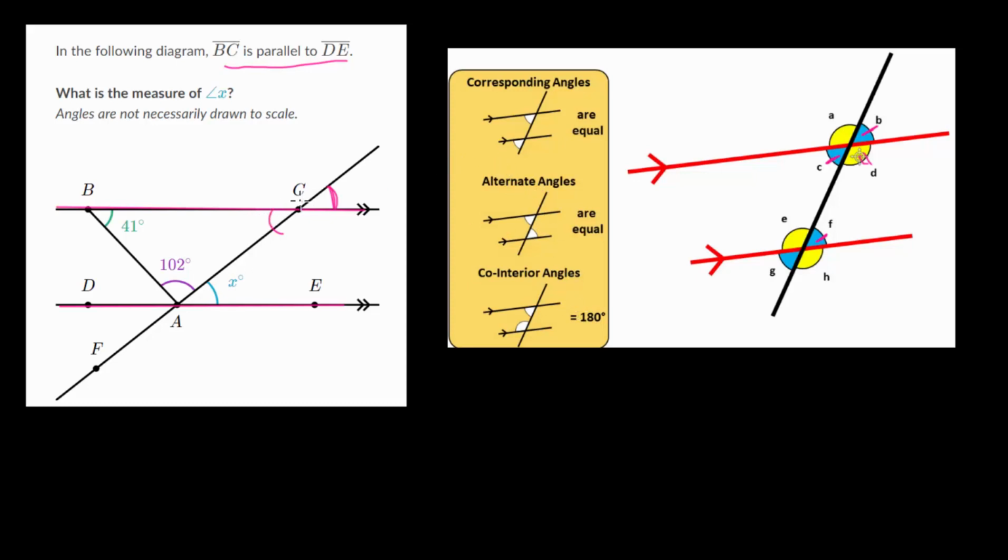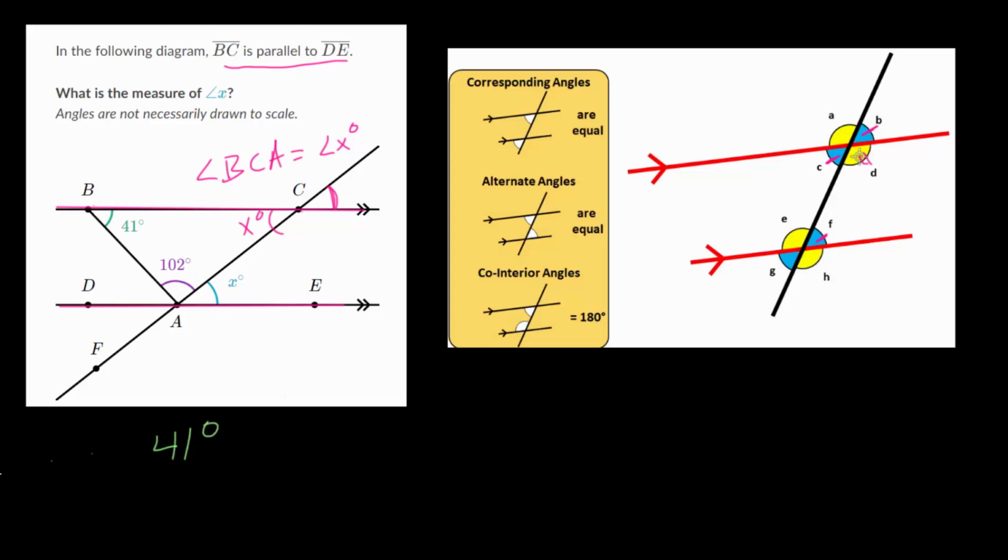So either way, this angle BCA is equal to angle X. We can figure that out using the properties of parallel lines. So this right here is just X degrees. And now we have a triangle, so we can add up the angles and set it equal to 180.